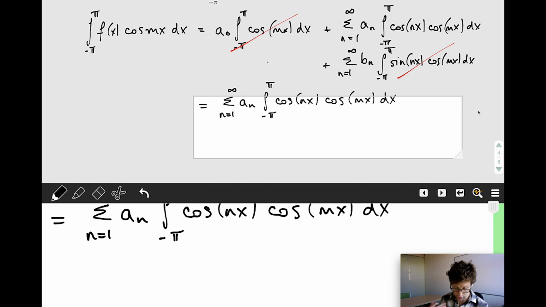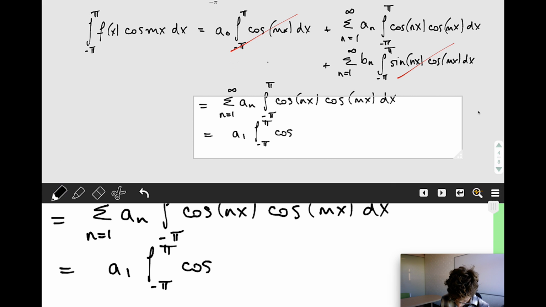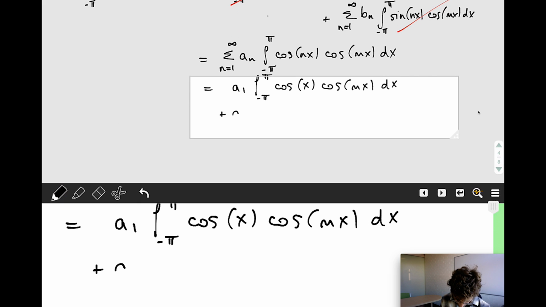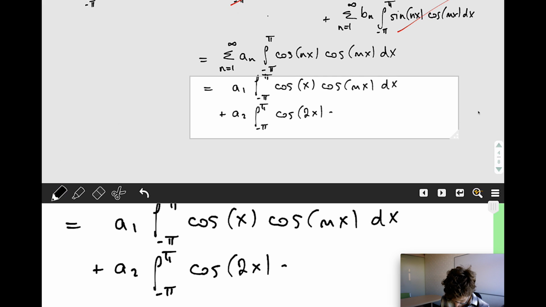So we can write that sum out in terms of every single one of its terms. I've got a1 integral cosine 1x cosine mx. I've got a2 integral cosine 2x cosine mx.